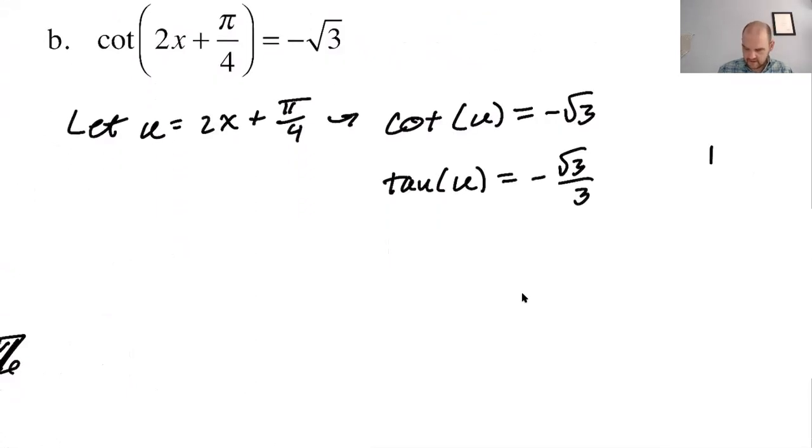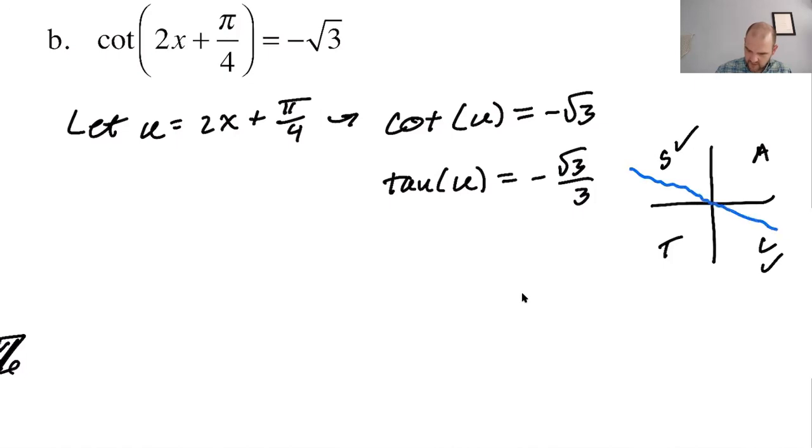Now I just need to think, where does that happen? This can be helpful: A, S, T, C, so here or here. Now we're in that scenario where they're going to have the same reference angle, which means they just differ. If I can figure out one of them, they're just going to differ by pi. So I'm going to write only one thing here.